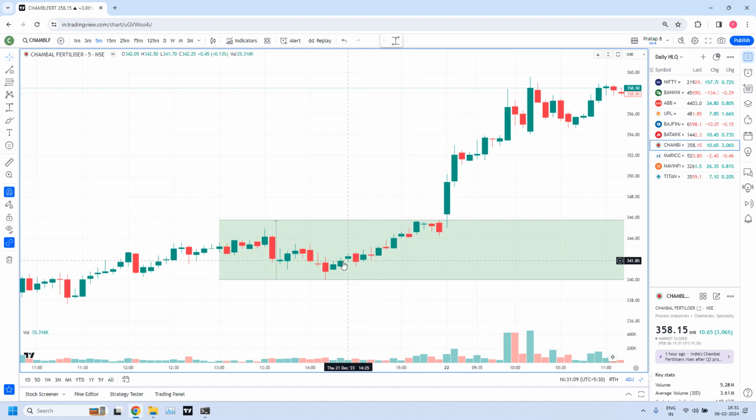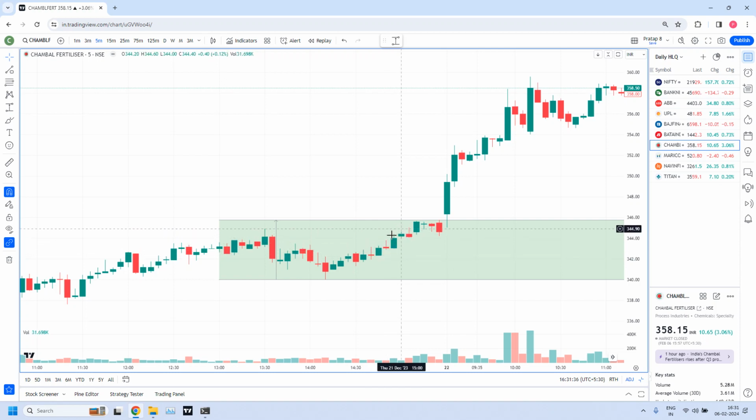So that is the reason. If you go through this, in between you have small zones that maybe you can draw, but the leg out is not really great, that is the problem. At least a follow through candle is expected, but there are no follow through candles. When the leg out is not really great, at least some follow through candle should be there. By combining both together, you can give it a priority.